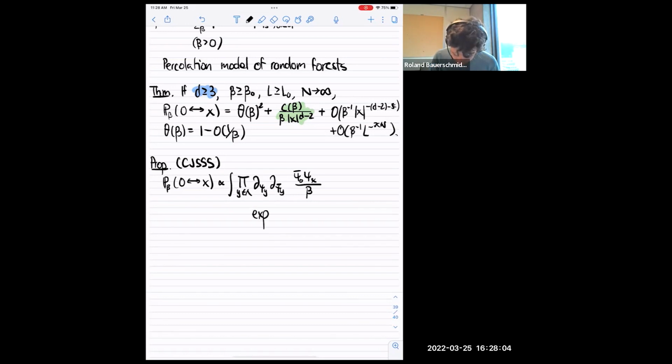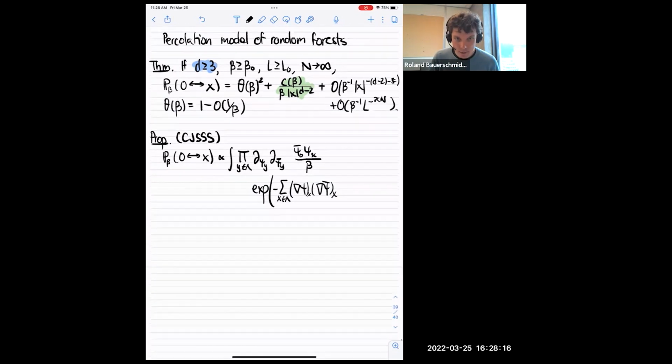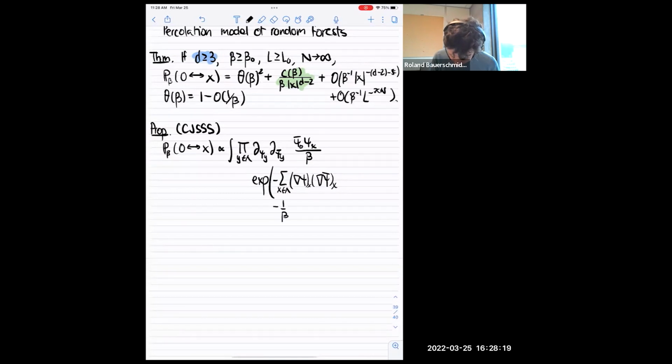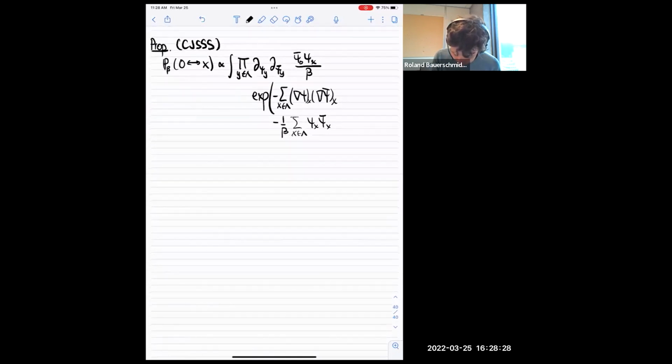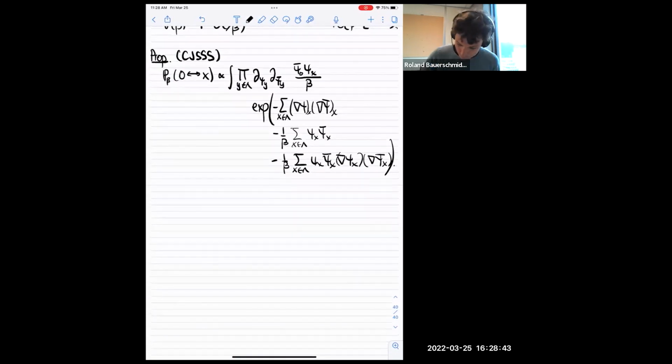And there's an exponential of minus... So this is an exact formula.